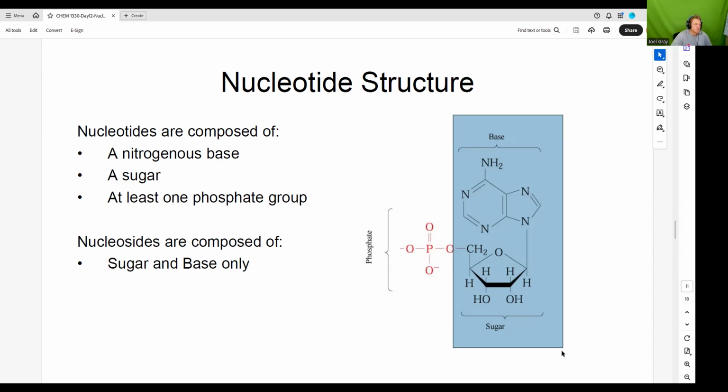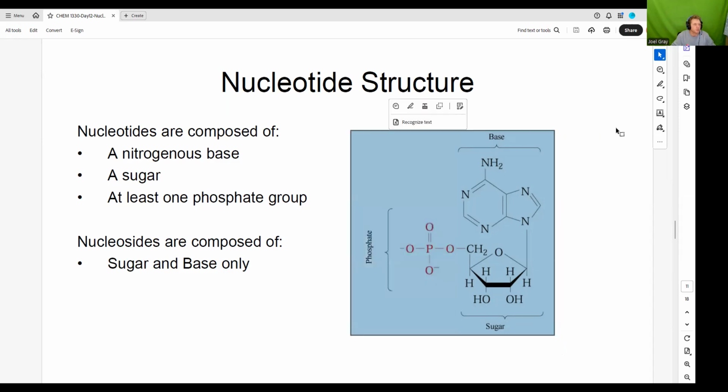Is it a nucleotide or a nucleoside? Well, this is the nitrogenous base and the sugar. This is perfect. All right, so that's a nucleoside. So understanding and knowing those distinctions is really important.